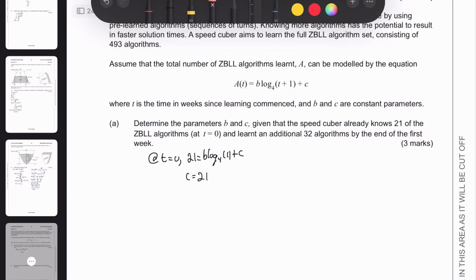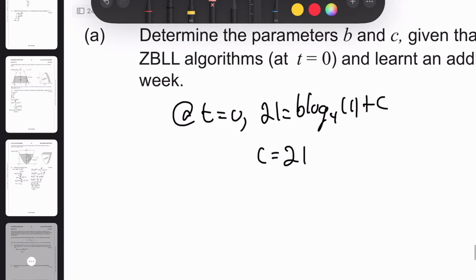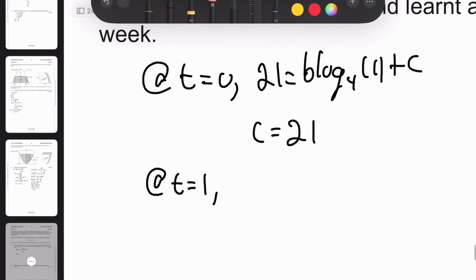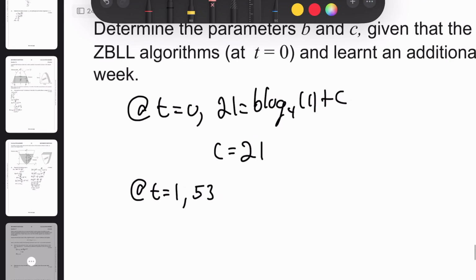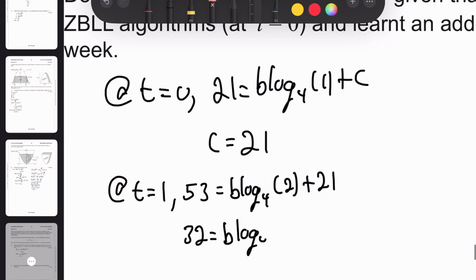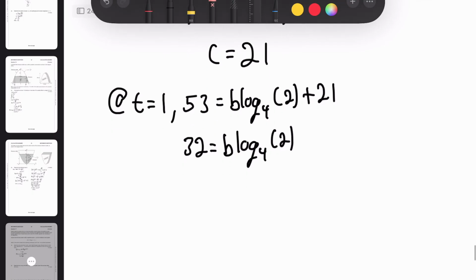So we're just left with c. An additional 32 algorithms by the end of the first week. So then at t equals 1, additional 32, so we're going to have 53 is equal to b log 4 of 2 plus 21, so 32 is equal to b log 4 of 2.